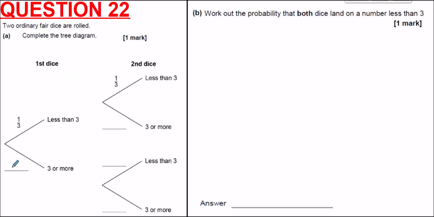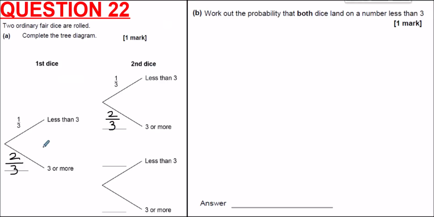This one here must be the other 2/3, because 1/3 plus 2/3 gives 1. So the total of all branches that meet at the same point will always need to add up to 1. And because this one's 1/3, this one will be the same as well, which is 2/3.